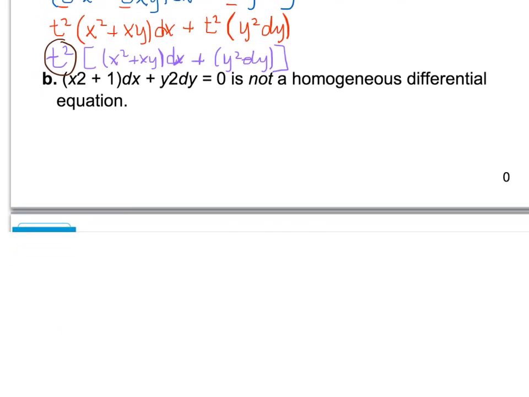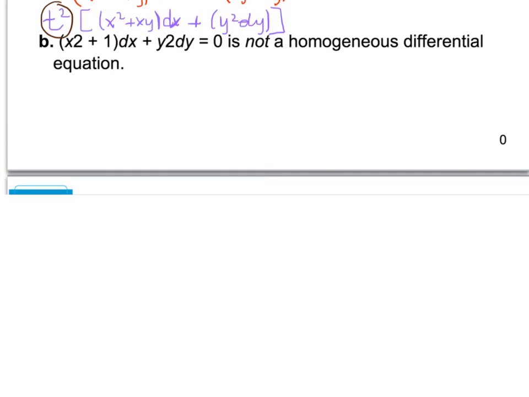Now for part B, we're going to verify that this (x squared plus 1) dx plus y squared dy equals 0 is not a homogeneous differential equation. So if we go through and replace our x's with tx's and our y's with ty's, we will see that we get ((tx) squared plus 1), and all of this is multiplied by dx, plus (ty) squared dy equals 0.